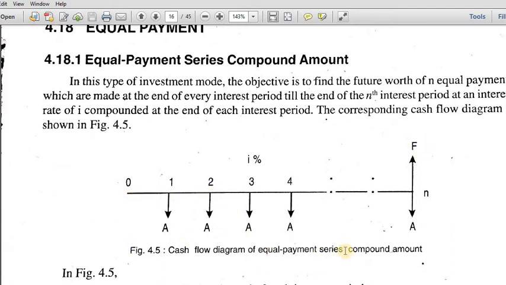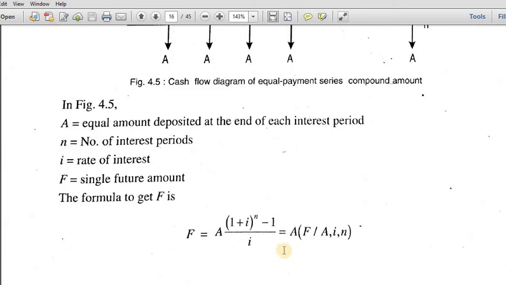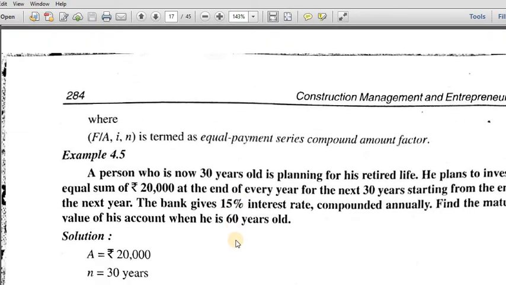Every year, annually, we'll pay some amount and we need to know the future amount. Now every year I'm making a certain payment, and I need to know how much I will get as the future amount after n number of periods. What is the formula we have to use? F is equal to A into 1 plus I to the power n minus 1, divided by I. Next formula.